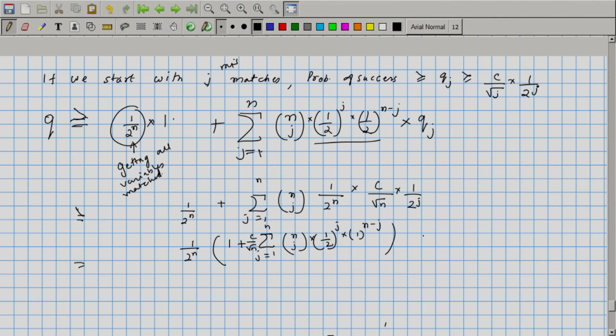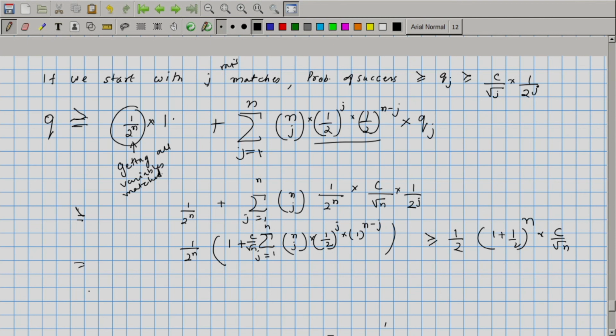Okay. So, one can just apply binomial theorem. This is going to be greater than 1 by 2 into 1 plus 1 by 2 raised to n times c by root n. So, if you expand this out, you can compare term by term and say that it is greater than this.